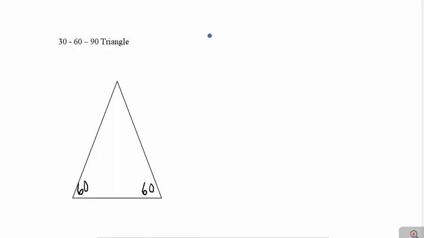So if we were to split this equilateral triangle in half, if we were to draw that altitude, then we know those two angles at the top would then be equal to 30, and so that's where that 30-60-90 right triangle comes from. Now I'm just going to draw one of those 30-60-90s off to the side here because this is really what you're going to have to memorize.